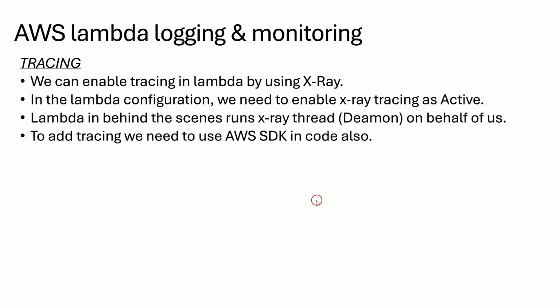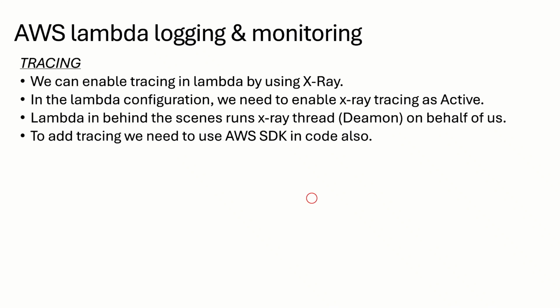To add tracing, we need to use the AWS SDK in the code also. That means not only enabling the configuration in Lambda, you also have to add AWS SDK code in your code so that your code tells Lambda this is a trace and you have to monitor it. So that Lambda will monitor the trace information.